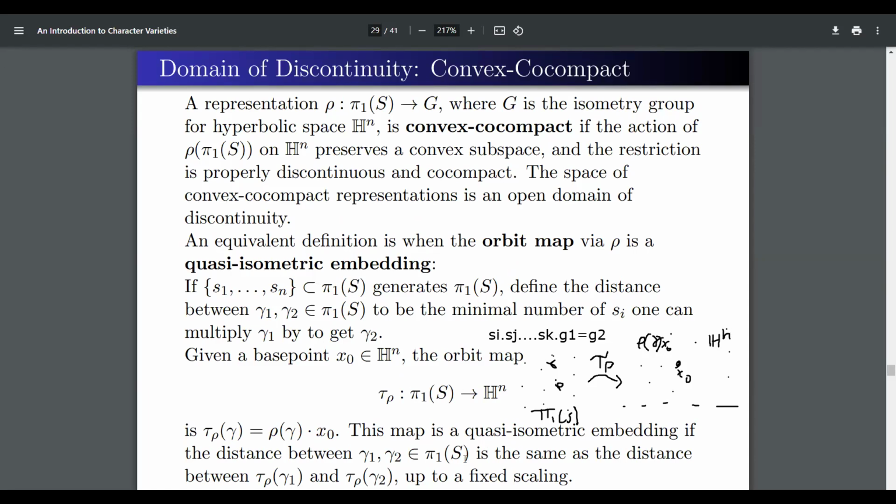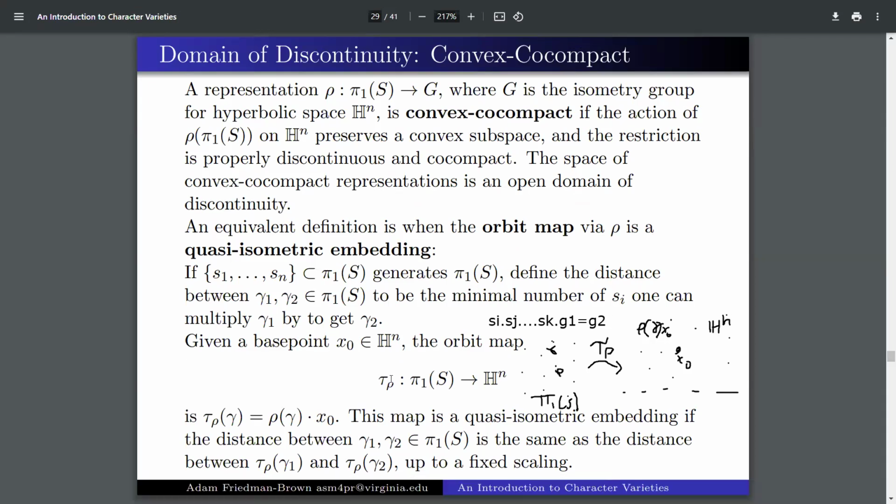And they have to be the same up to a fixed scaling, where the scaling is like multiplying by some number or adding or subtracting some number, but it has to be the same number for all pairs of starting points. And if the representation creates this orbit map that has this nice distance preserving up to scaling property, then that's equivalent to it being convex co-compact.